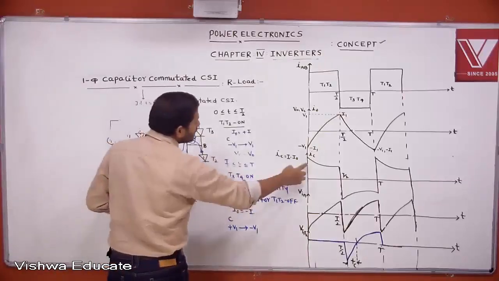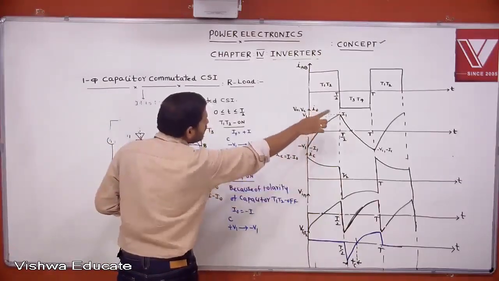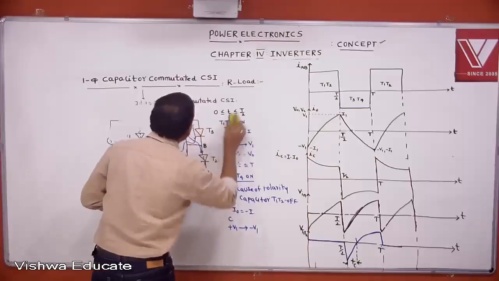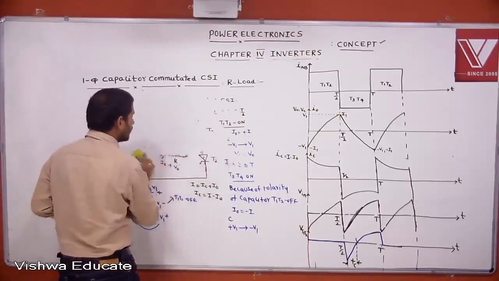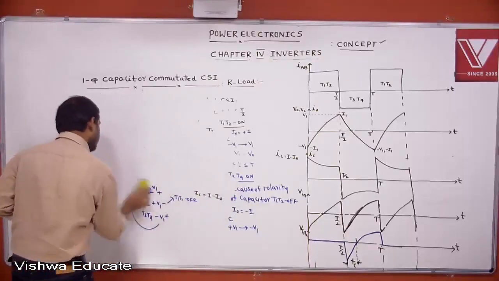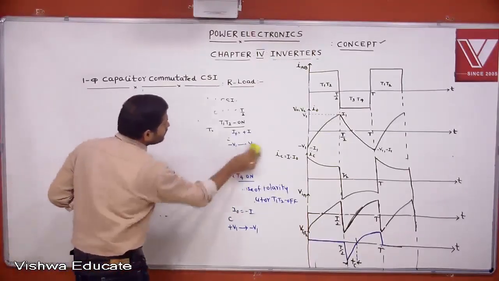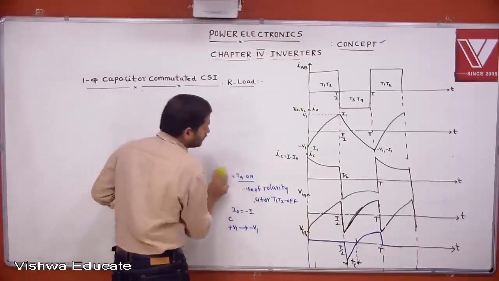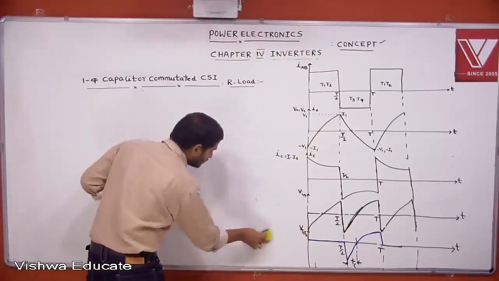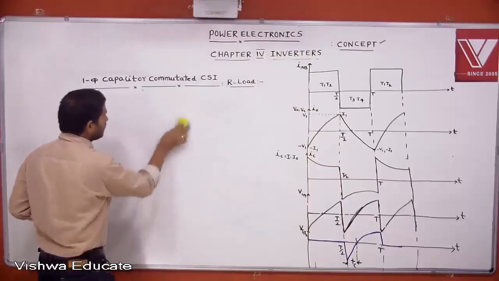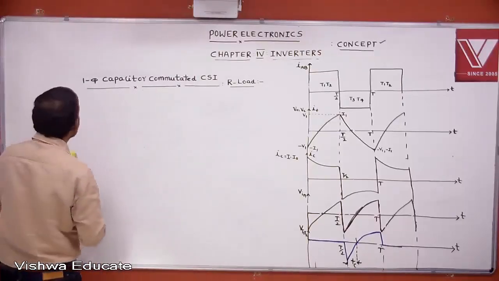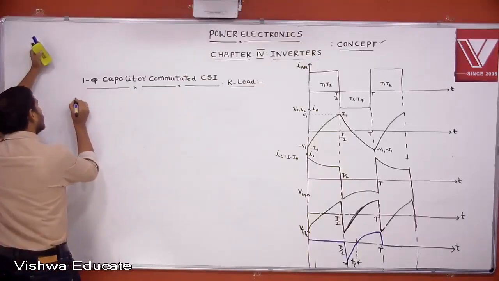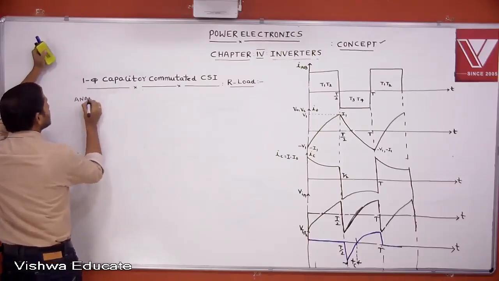Because of the RC circuit, the current changes like this, the voltage is exponential and the current is decreasing. So let us do the analysis of the capacitor commutated CSI.